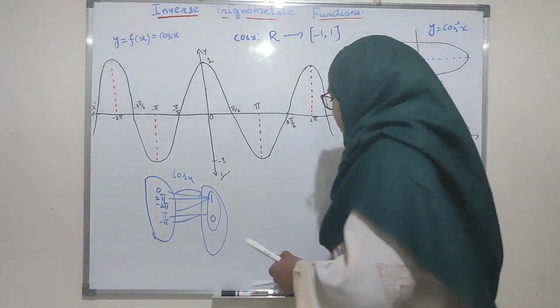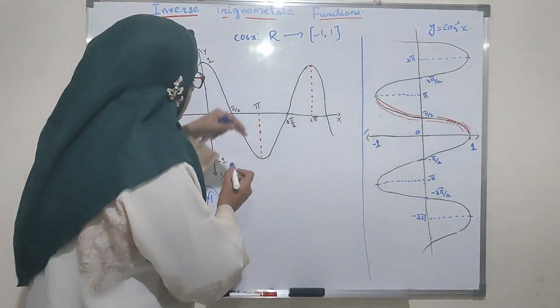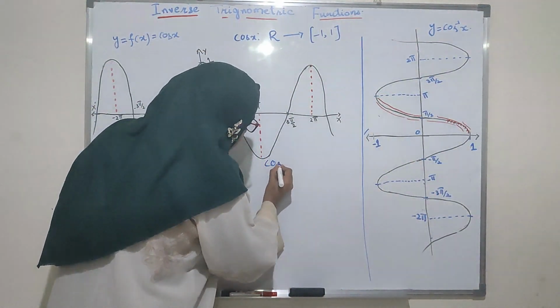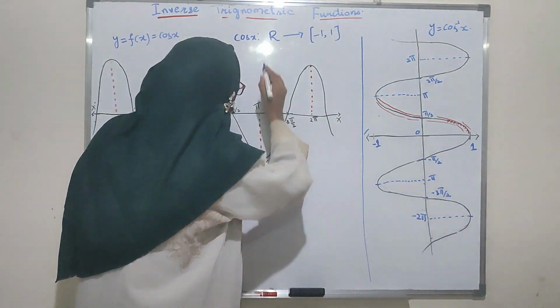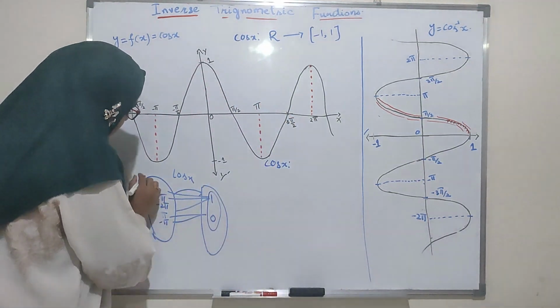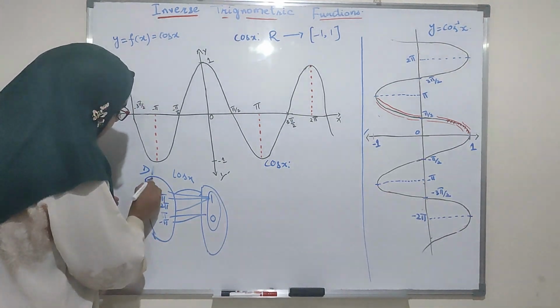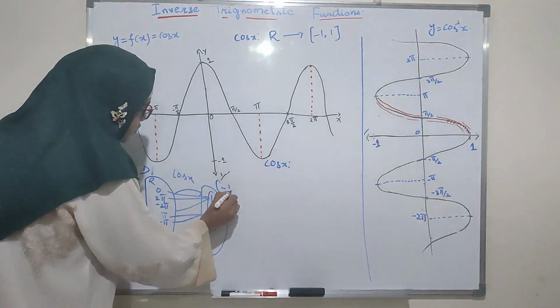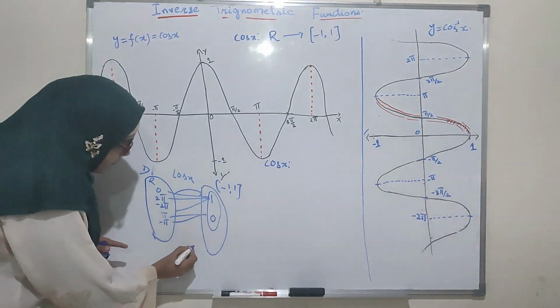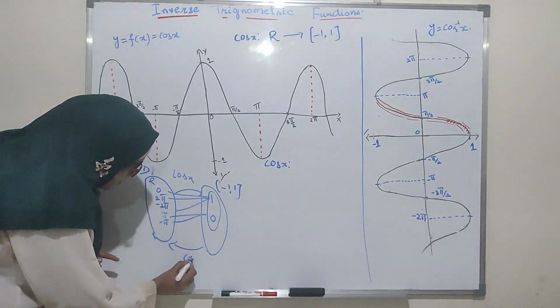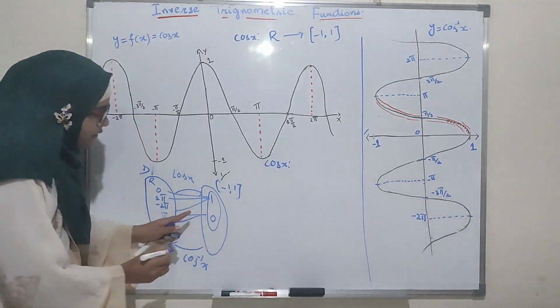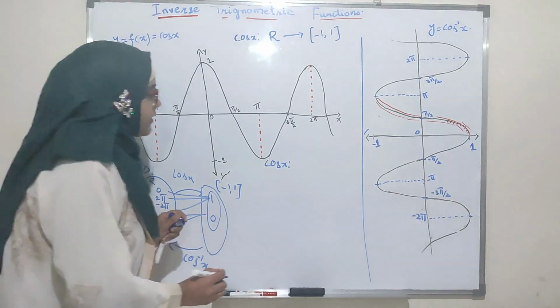That means, see here, for cos x the domain is real numbers, and the range is minus 1 to 1. For cos inverse the mapping is like this, from minus 1 to 1 to real numbers.